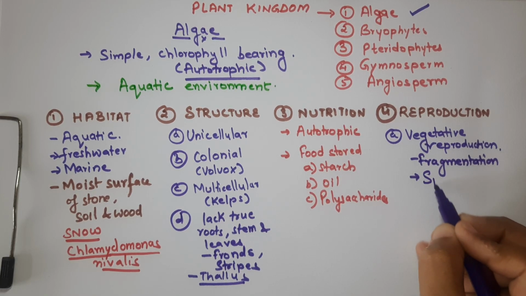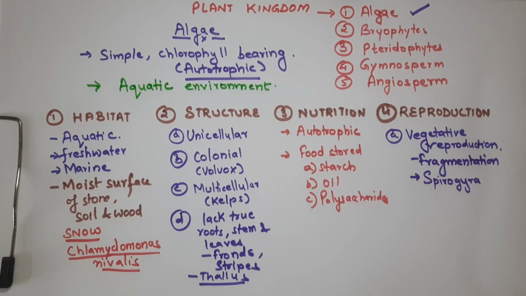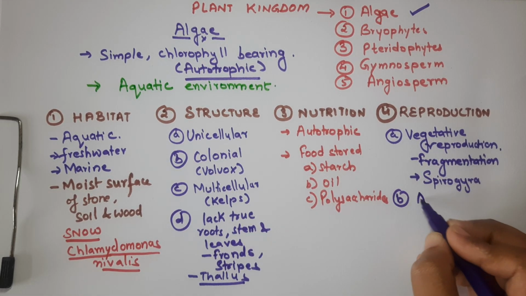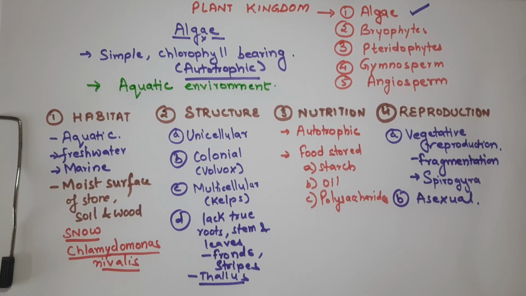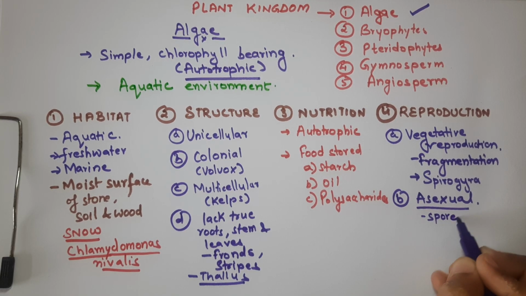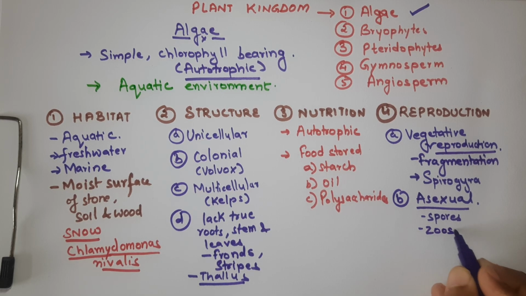The example is Spirogyra. Another mode of reproduction is the asexual one, and the asexual mode includes the production of spores. Zoospores exhibit the asexual mode of reproduction in algae.